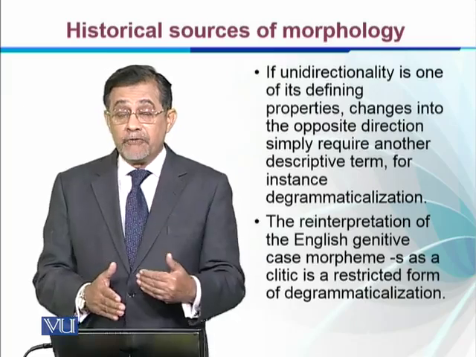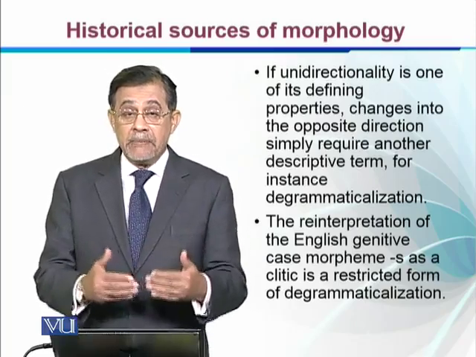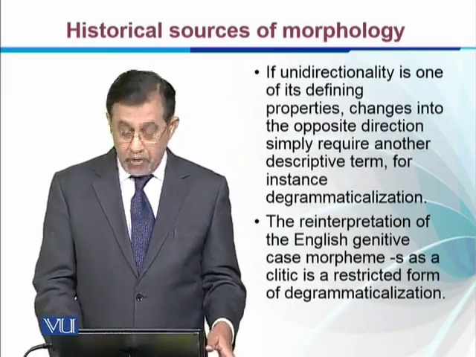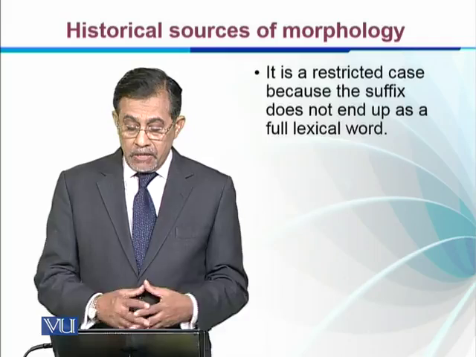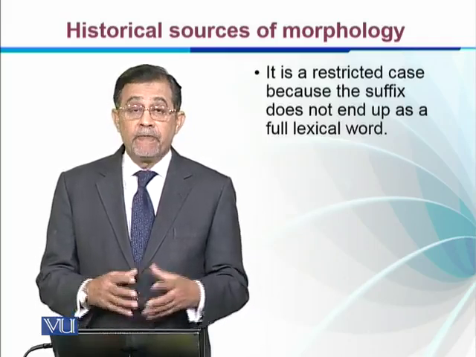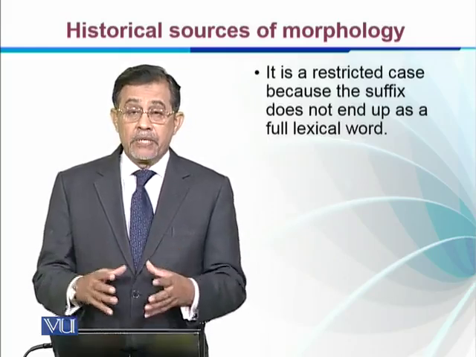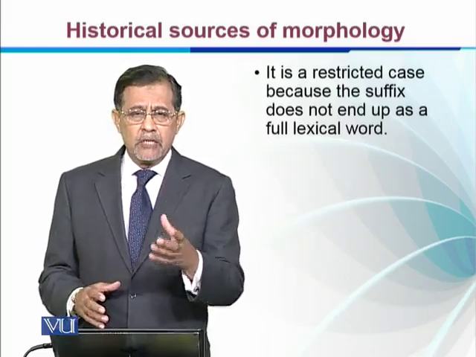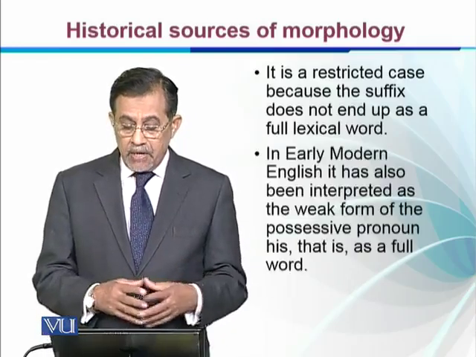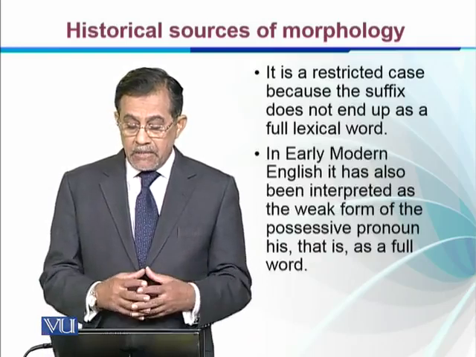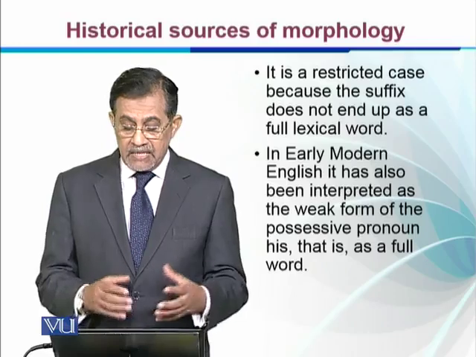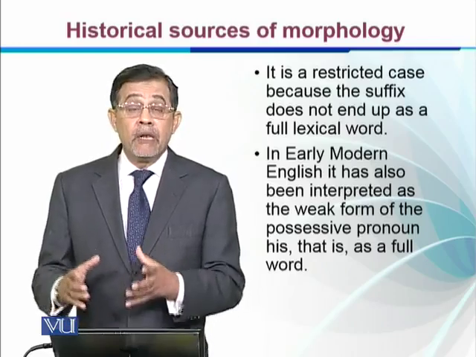But with the passage of time, it has degrammaticalized and has become simply an s for genitive case. It is a restricted case because the suffix does not end up as a full lexical word. We do not use it in its full lexical form, that is his. In early modern English, it has also been interpreted as the weak form of the possessive pronoun his, that is, as a full word.